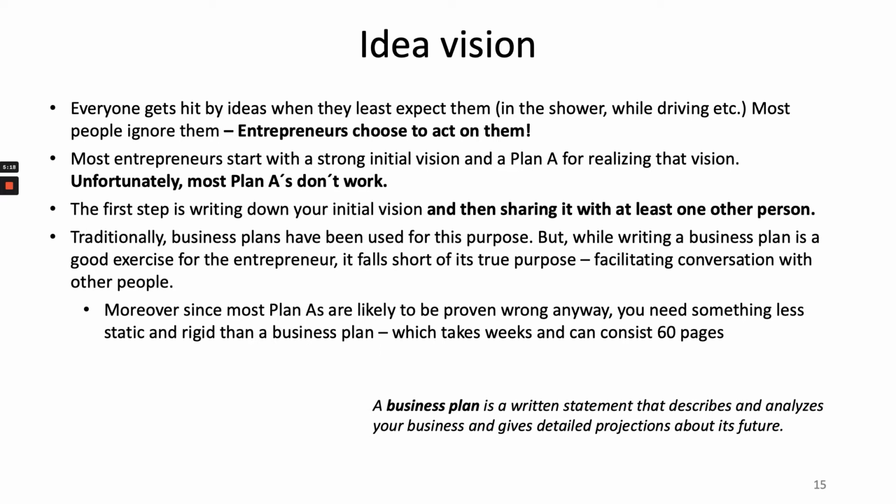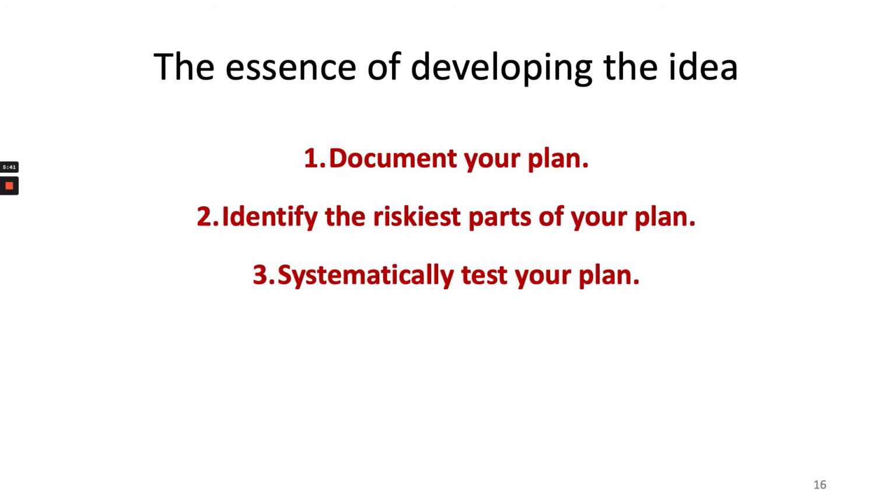So for you in the start, some sort of easy, clear, and easily understandable way to communicate your idea is key, and this should be some sort of tool like Lean Canvas.